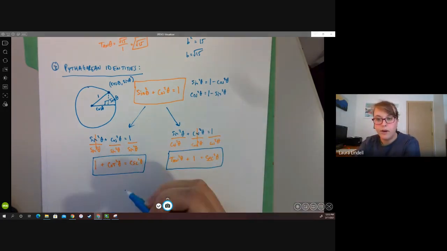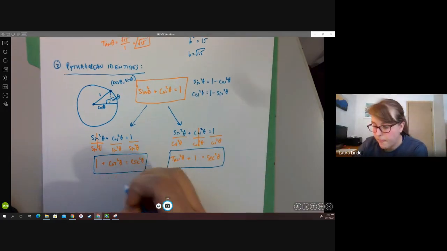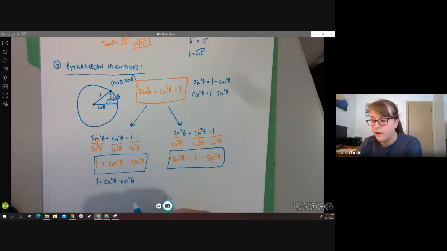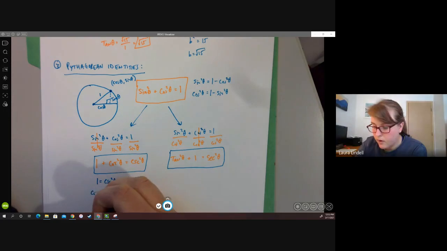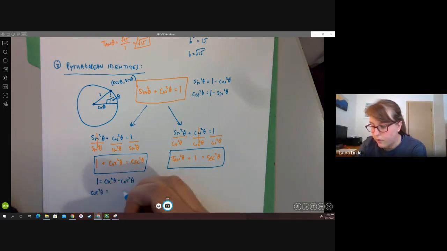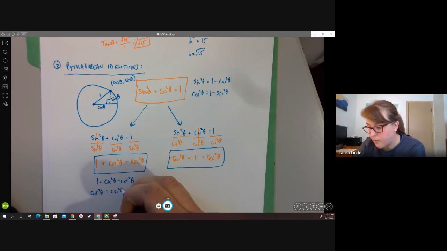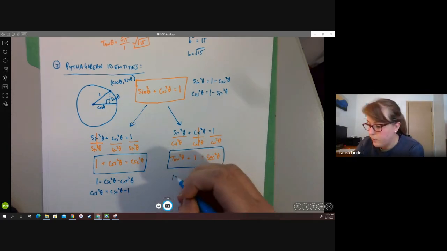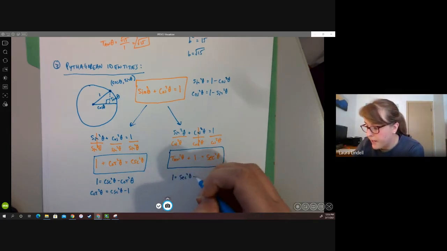Or here, we could rearrange these as well. You could get 1 equals cosecant squared minus cotangent squared. So anytime you see a cosecant squared minus cotangent squared, you could replace it with 1. Or cotangent squared would equal cosecant squared minus 1. Same thing goes here. 1 would equal secant squared minus tangent squared.